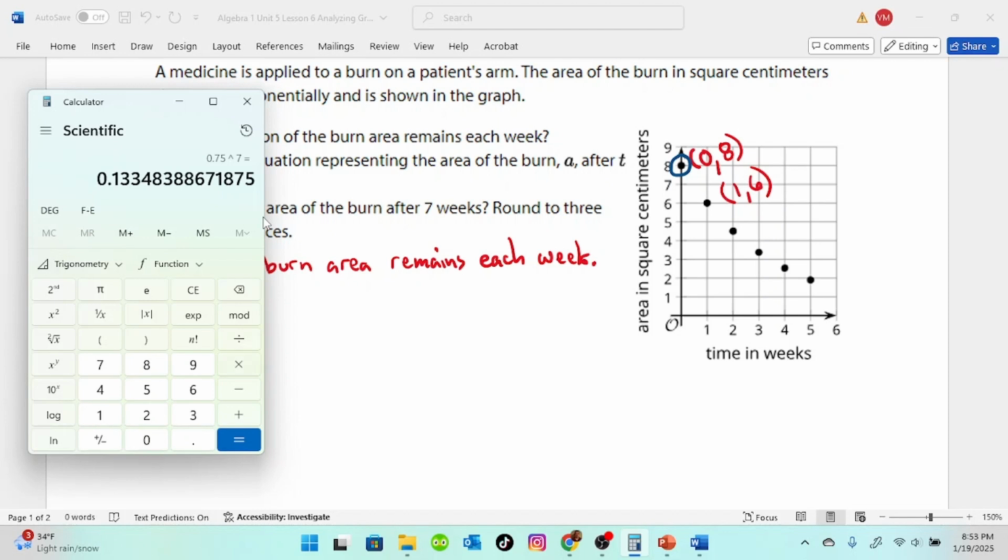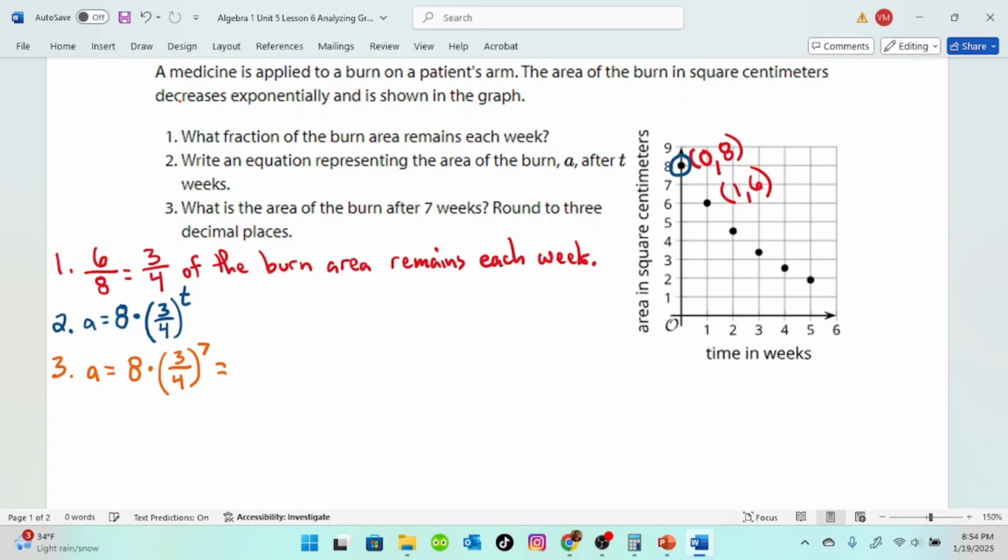We're going to multiply that by the original amount, which was 8, and we get 1.068 because they want us to round it to 3 decimal places. And this 8 tells us to round the 7 up to 8. So our final answer is 1.068, and that is in square centimeters.